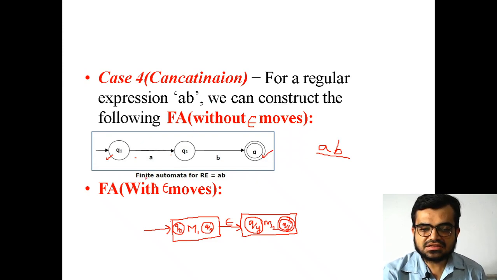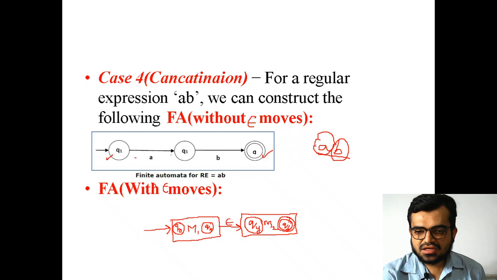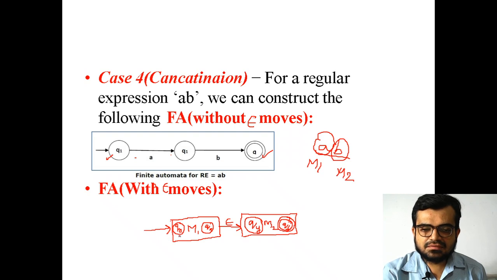But now if I take with epsilon moves, look at this figure carefully, you will come to know. A is there and B is there, both are two different inputs. For the first input I am taking M1, and for the second I am taking M2.